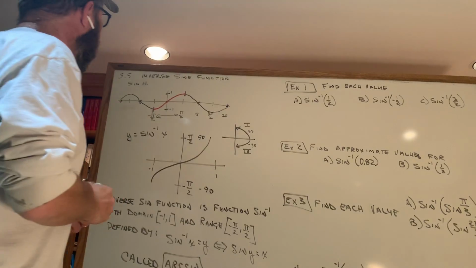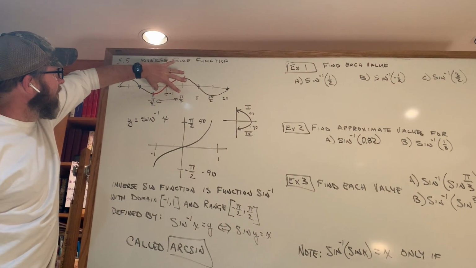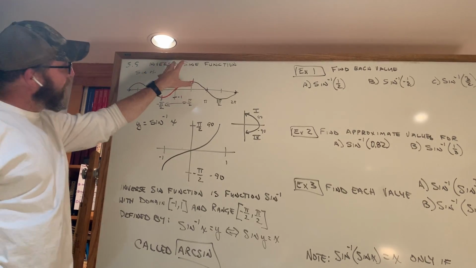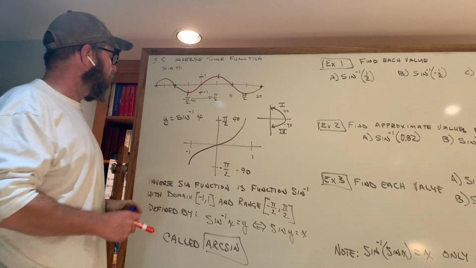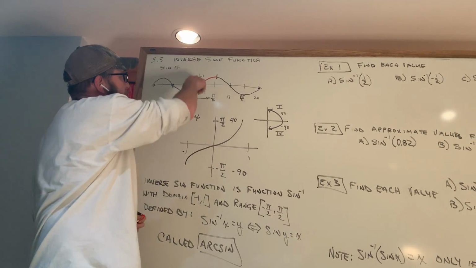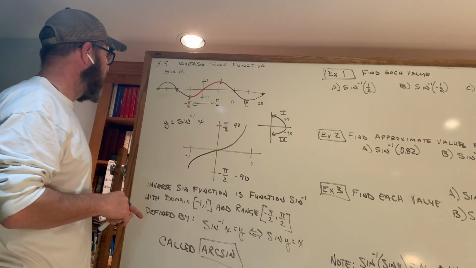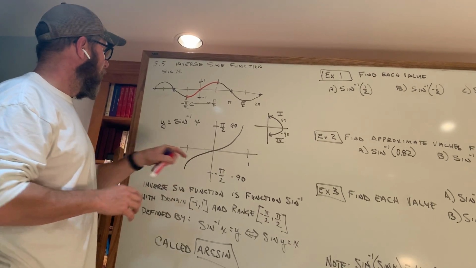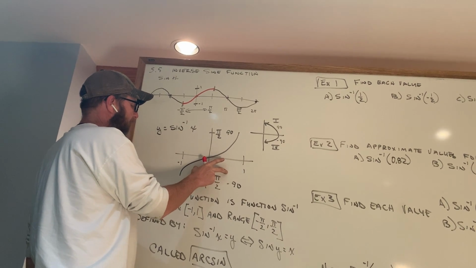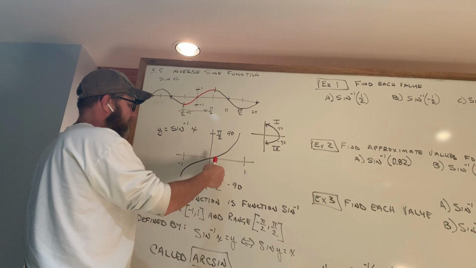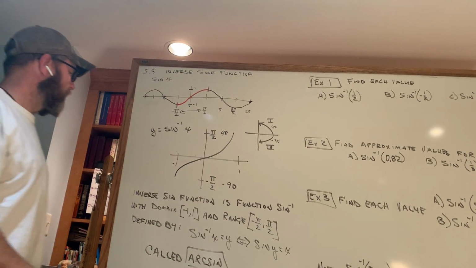So because this is the inverse, we take the coordinate plane and we flip it, and look at what we have here. Now we've taken the x and put it on the y, and the y and put it on the x, and so this is our new graph. I'm going from negative 1 to 1. The inputs are from negative 1 to 1, and the outputs are from minus pi over 2 to pi over 2.